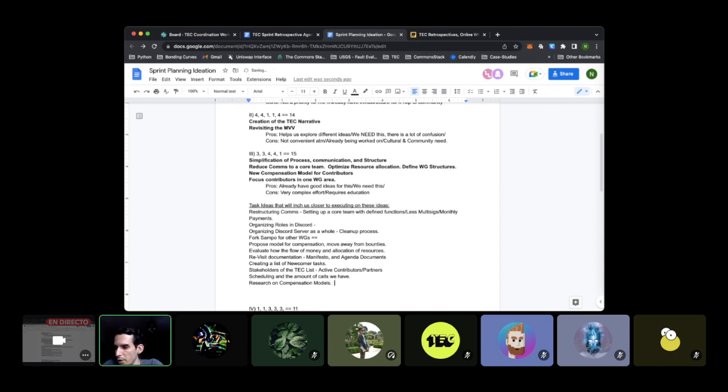It would be not only the DAO but also the contributors, the working groups, and also the larger ecosystem of other DAOs that we're closely associated with, such as One Hive, T Academy, and so on.